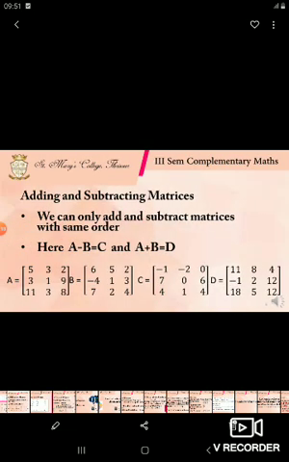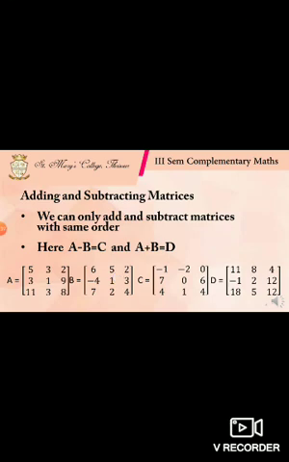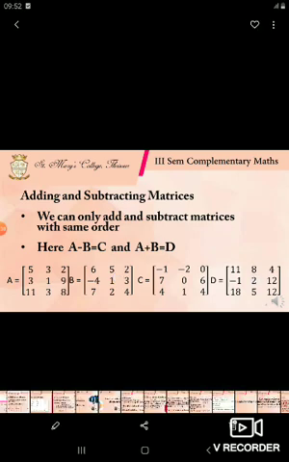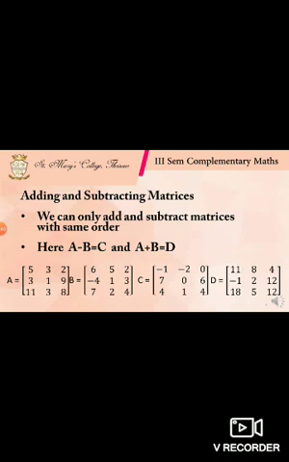Now, basics again, adding and subtracting matrices. Only one thing we have to keep in mind. We can only add and subtract matrices with the same order. So here we have matrix A, matrix B. A plus B will be equal to D. In the first row, first place, here it is 5 and here it is 6. 5 plus 6 is 11.